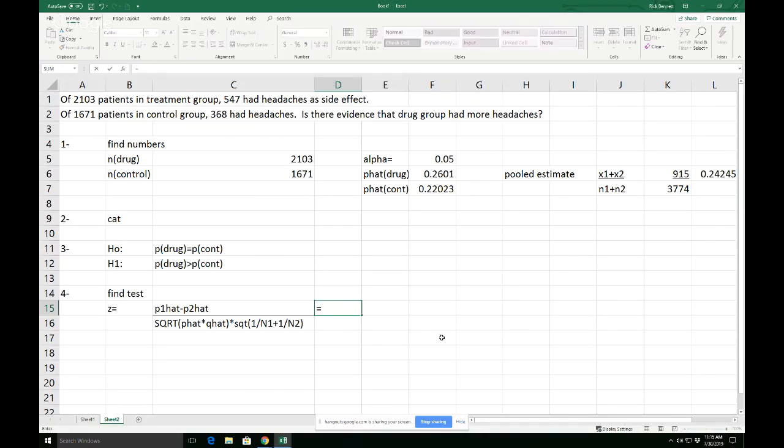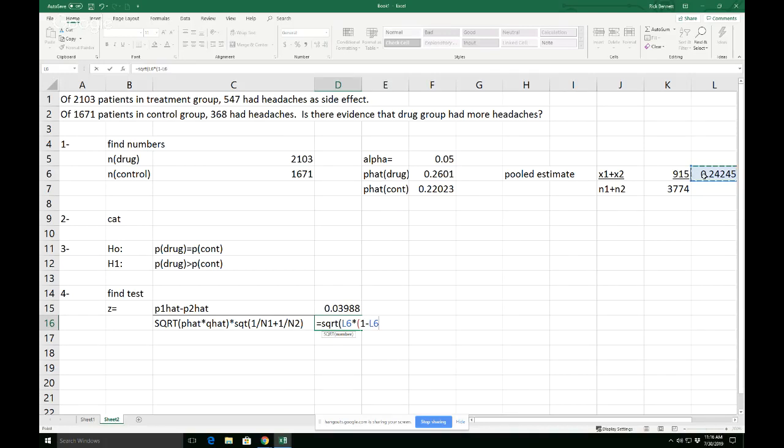So P1 hat, we've got 10 minutes left. P1 hat in this case is the drug group minus P2 hat, the control group. Under the square root, P hat, the pooled estimate, times 1 minus the pooled estimate.